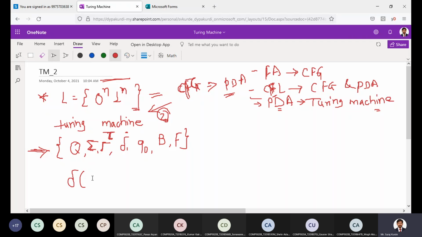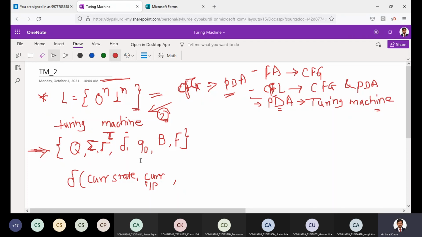So here, what is delta? Current state, current input. What is the third part?